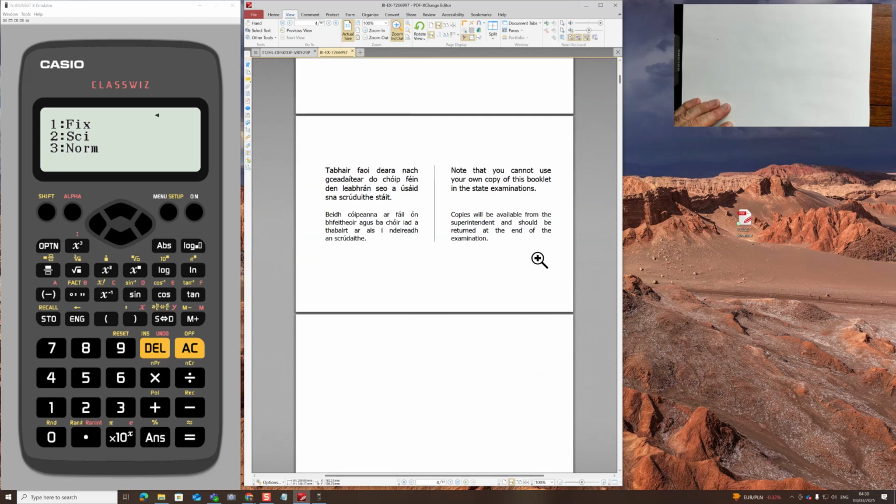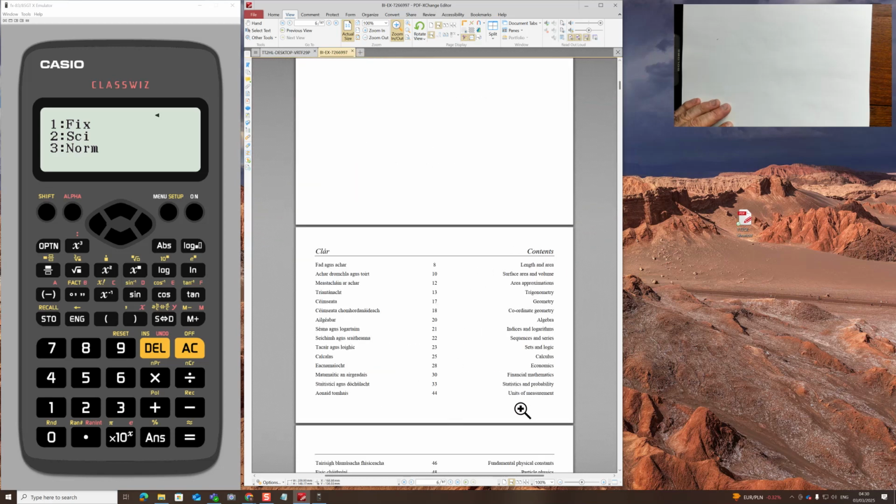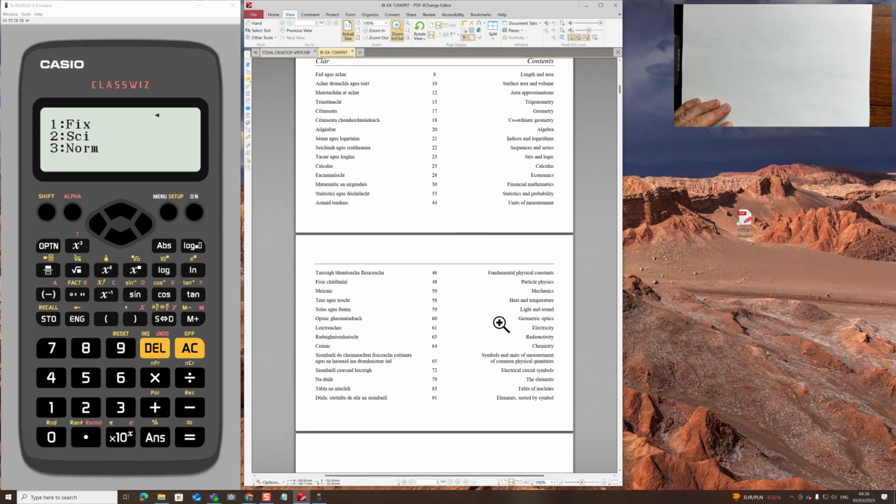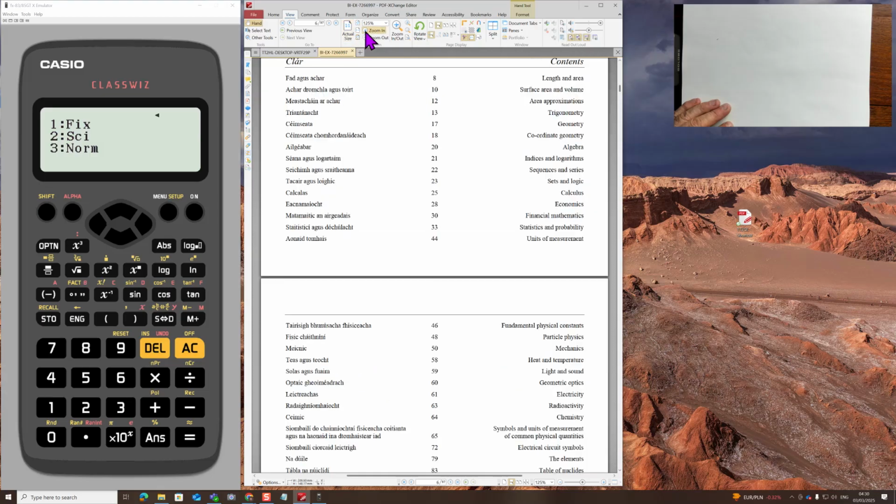Way back under contents, we have all the mathematics on the first page of contents, but this is the physics here, and it's very important because we're always looking to apply maths. The application of maths is really important, and we can get lots of interesting questions from up here for our junior cert and leaving cert courses.